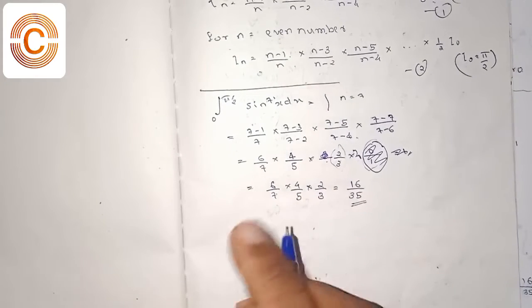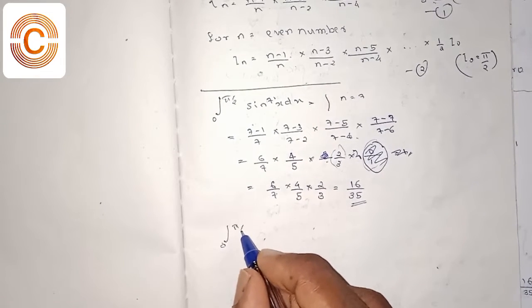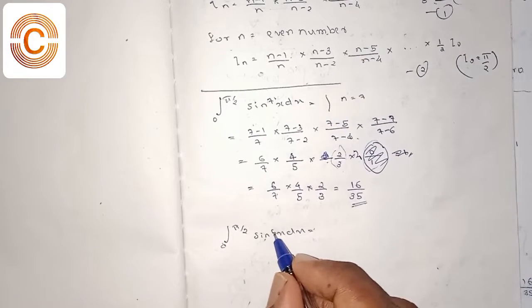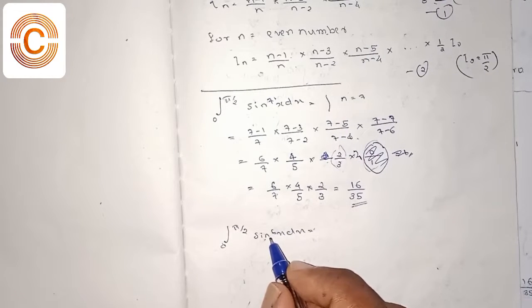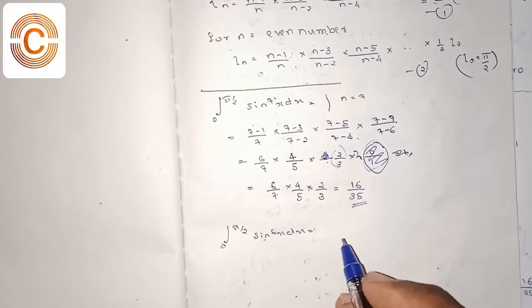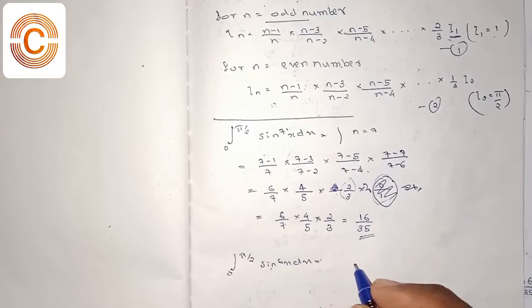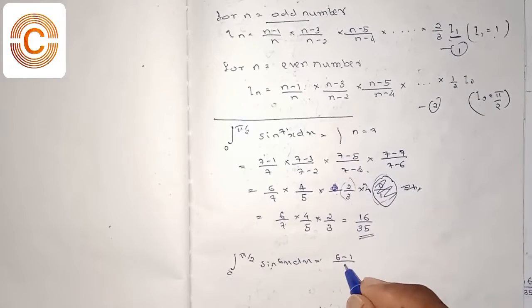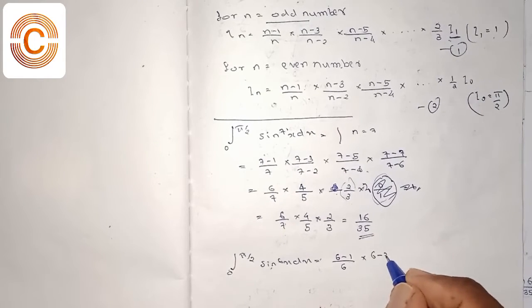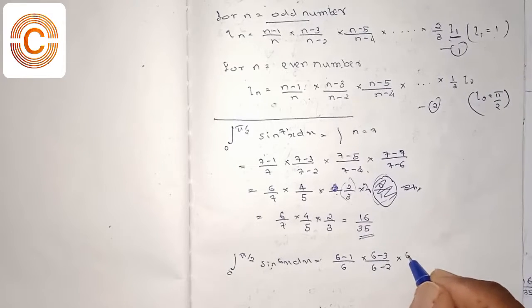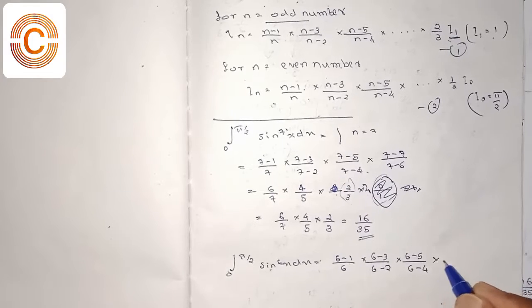Look at the next example, the integral from 0 to pi by 2 of sin raised to 6 x dx. Here n is equal to 6, which is an even number. Then use equation number 2, and we get (6 minus 1) divided by 6 into (6 minus 3) divided by (6 minus 2) into (6 minus 5) divided by (6 minus 4) into I0.